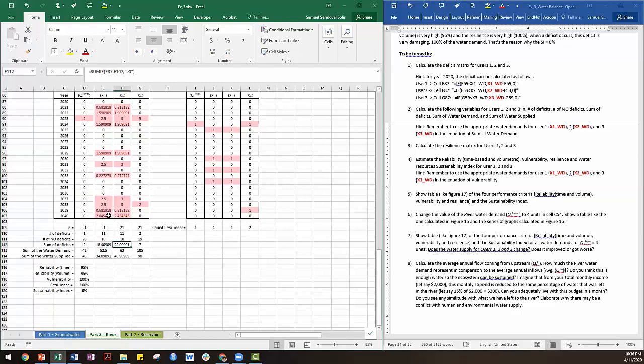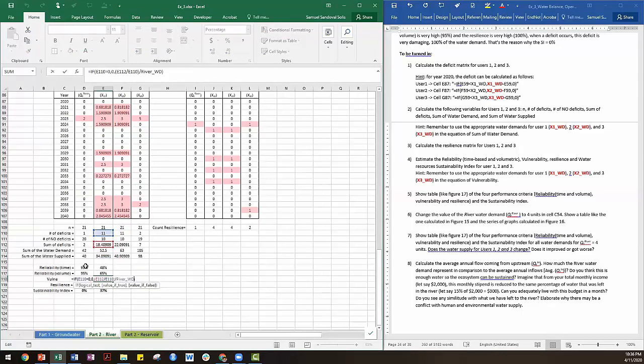These are the sum of the deficits, how many times. Notice that they have the same number of deficits, which is by design. So if there is not enough water, they will share the deficit in the same proportion. Then we're going to be working on, for instance, the reliability, which is this. This will be the reliability in volume.